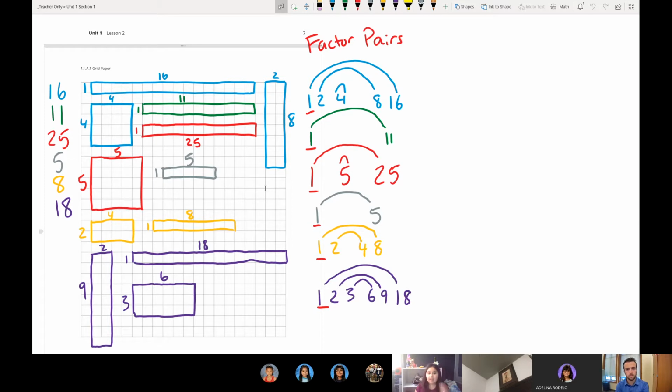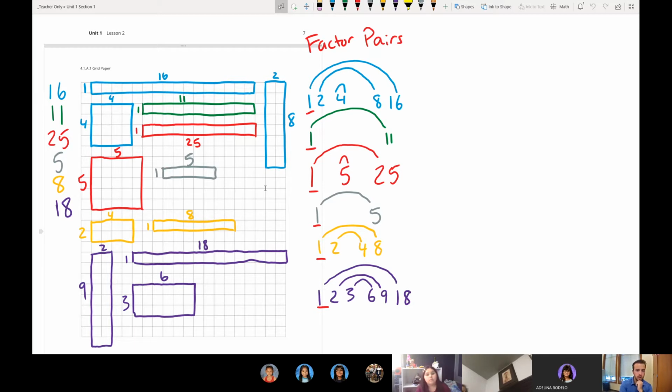They have the 5 for the area is 5. They both have their own number for the area. Okay, very true. They each have their own number for the area. How many rectangles could we make for 11 and for 5, Malia? 1. Yeah, we could only make 1.